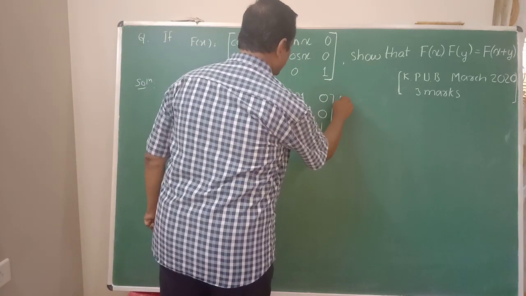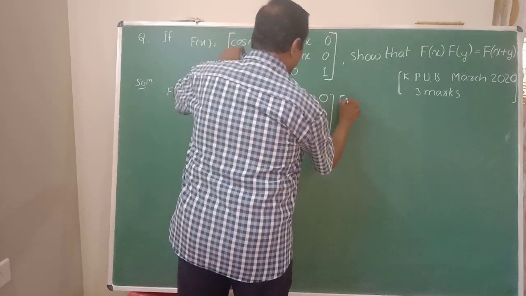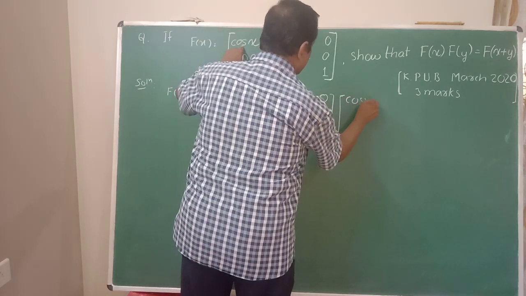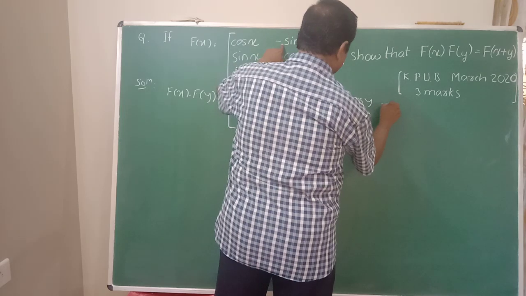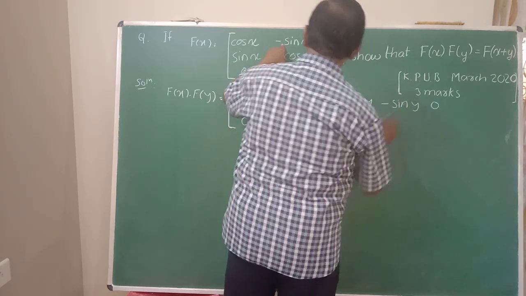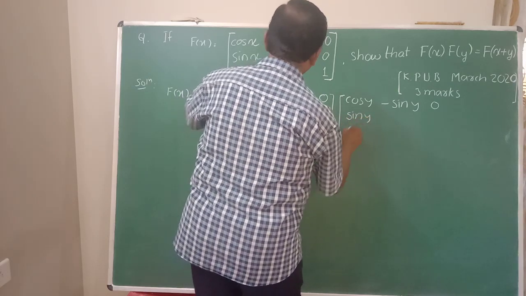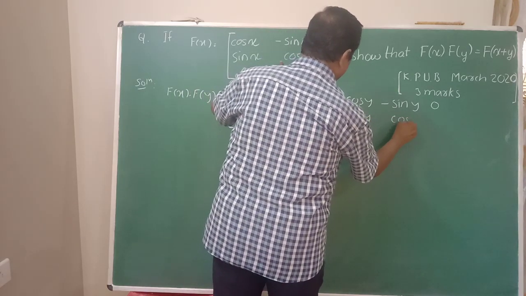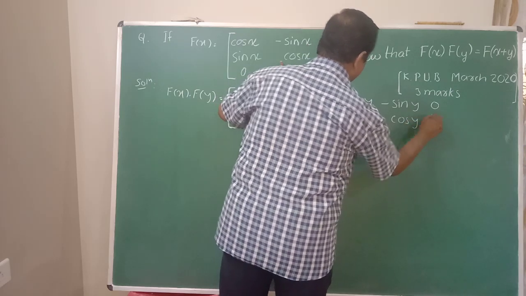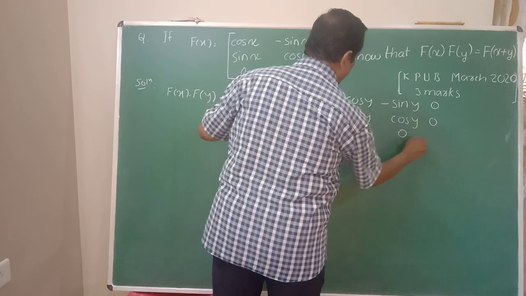Therefore, into the matrix cos y, minus sin y and 0 here, then sin y, then cos y, 0 here, then 0, 0 and 1 here.